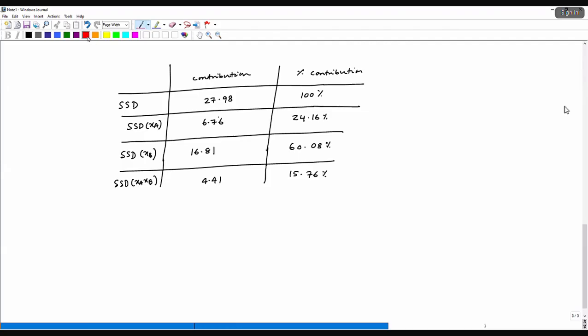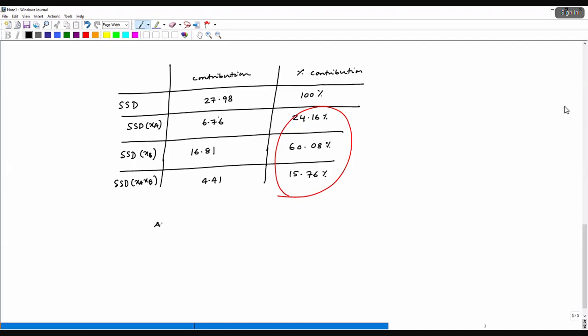So as you see here, nothing is really negligible. If something is, let's say, 1% or less, you would say that the contribution is negligible. Since all these three are non-negligible, you basically conclude that all the factors have to be evaluated at all the levels.